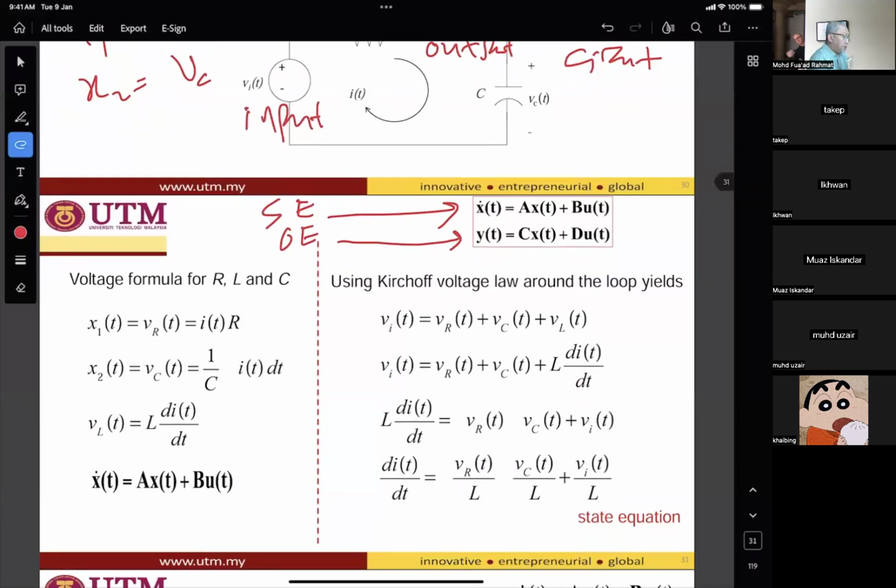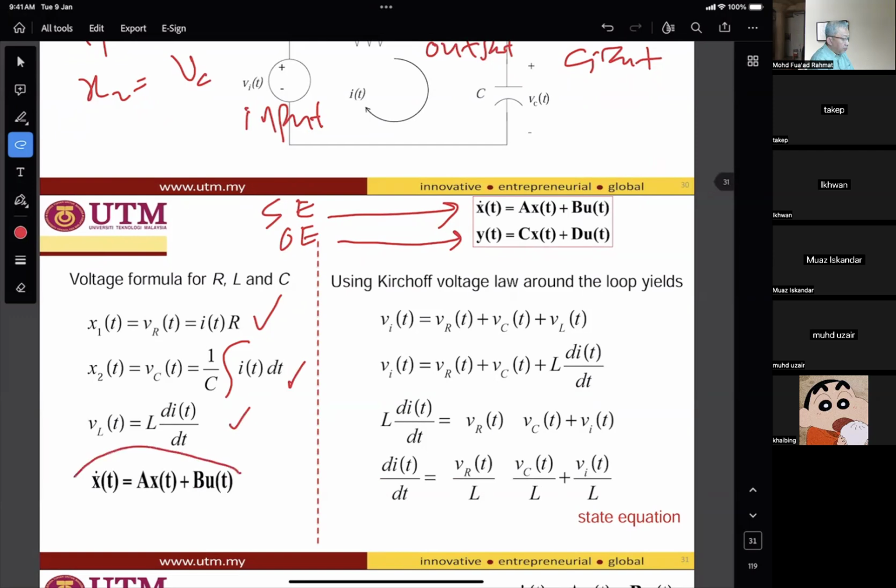Right, the voltage of the resistor is known as VR is equal to IR, and x2 is VC, VC is 1 over C integration I dt. VL is equal to L di over dt.